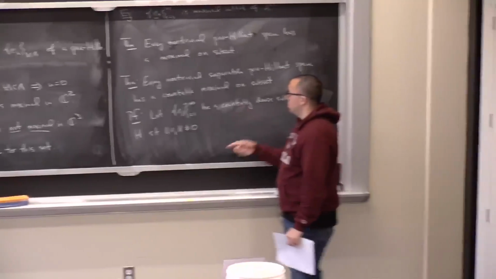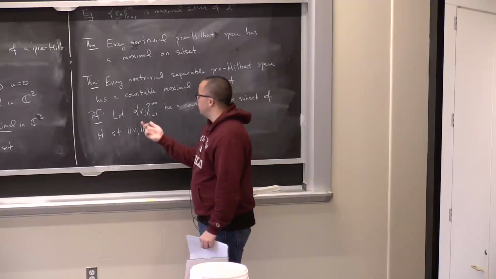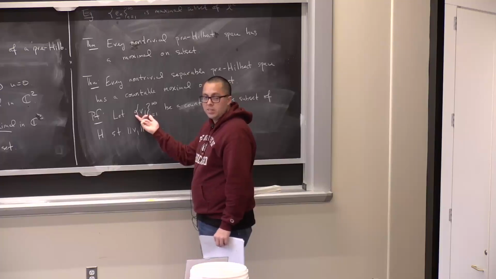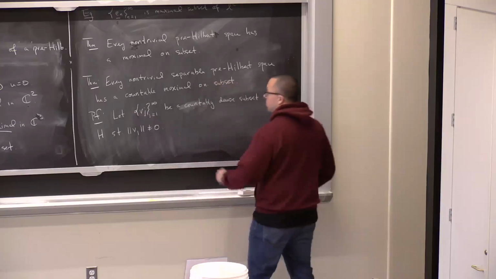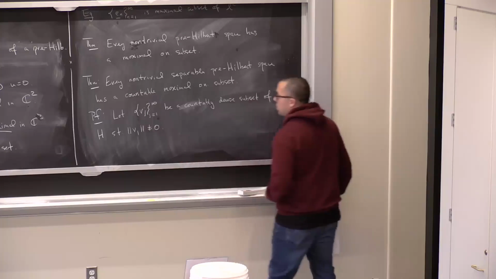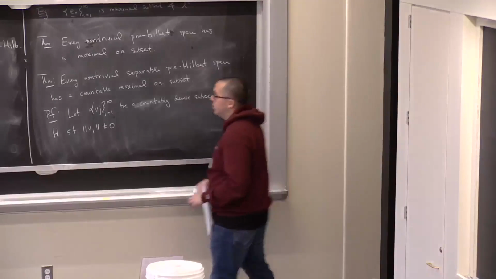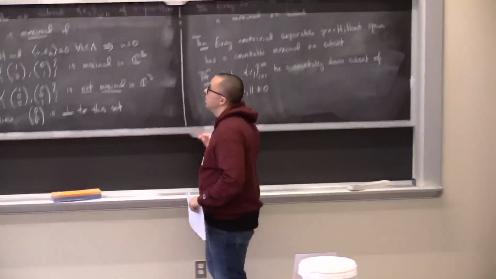What countable dense means, remember, is that for any element in H, there exists an element from this collection that's within epsilon of that vector from H.